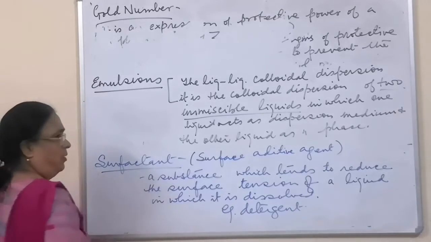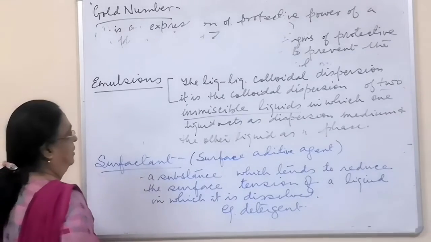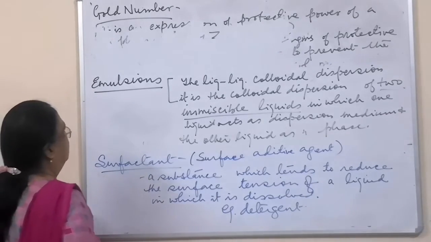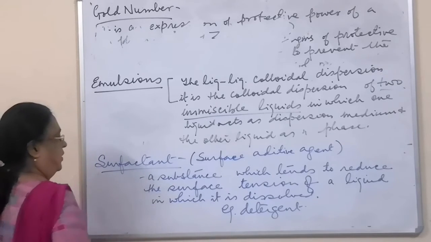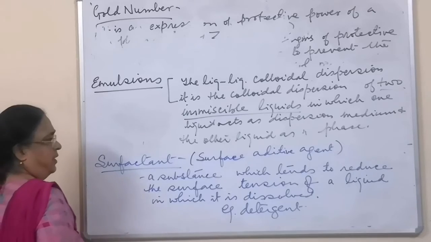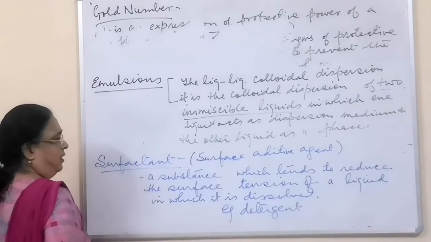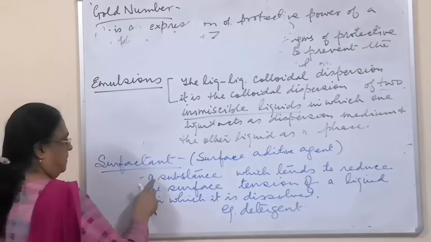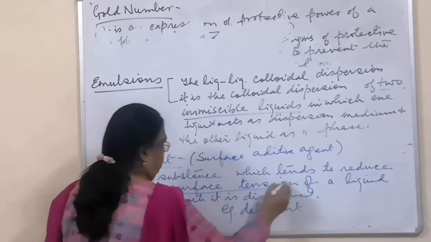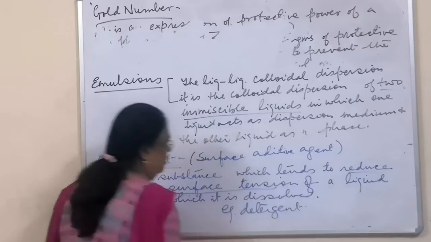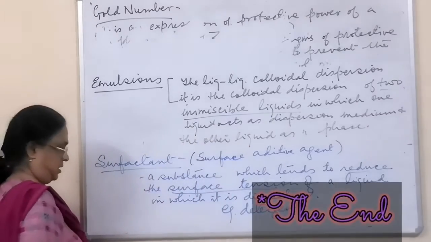You must have heard about mayonnaise, which you use in pizza; that is nothing but an emulsion of milk and oil. Now surfactant. A surfactant is a surface active agent, a substance which reduces the surface tension of a liquid in which it is dissolved.